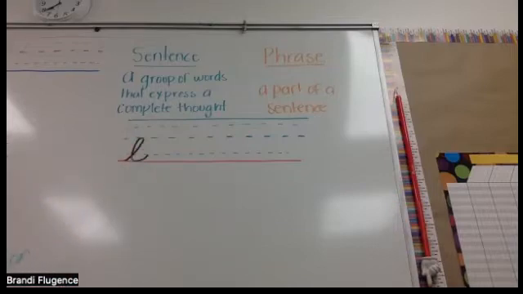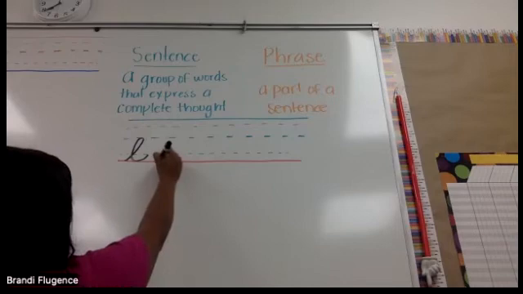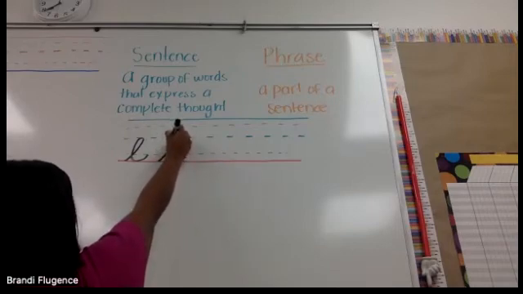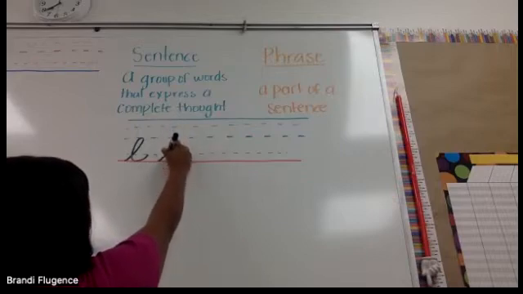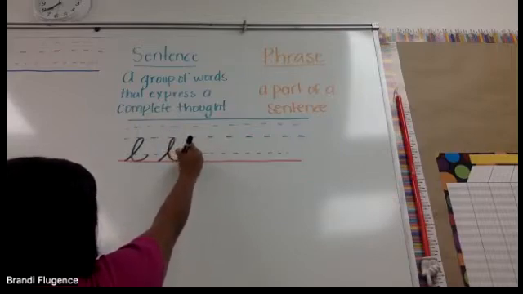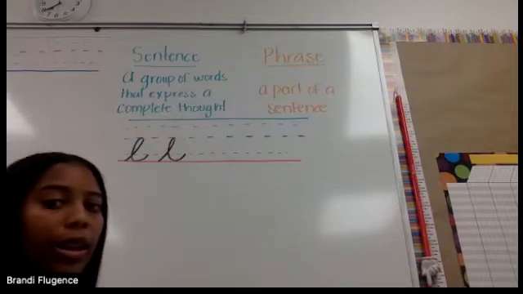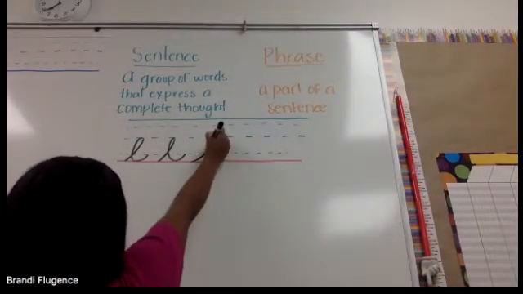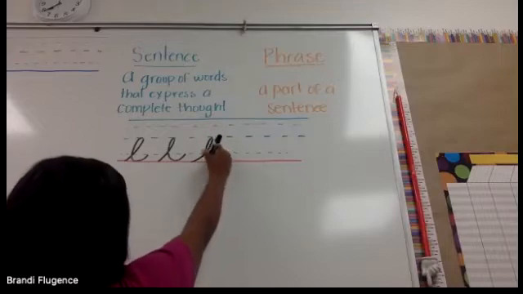Are we watching? We're not writing, we're watching. Again, we start on the red, we curve up all the way to the middle, we loop, and we curve all the way down, touching the red, come up, and finish. That's our letter E. One more time, we curve up, loop down, touch the red.